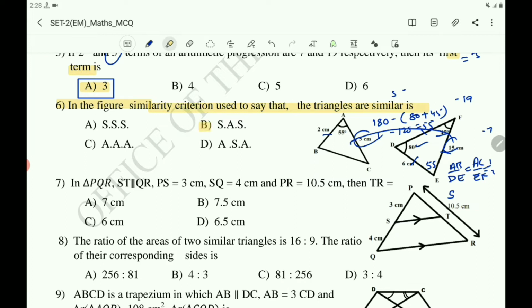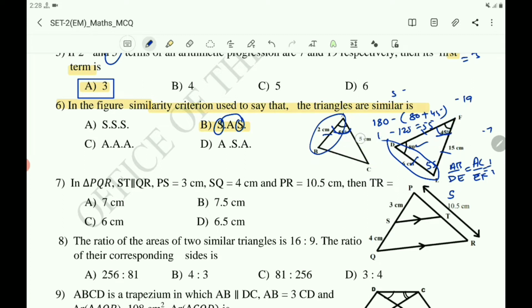SAS. Here the angles between the sides are equal and the pairs of sides are in the same ratio. You observe that AB by DE equals AC by EF, and the angles made by them are equal.